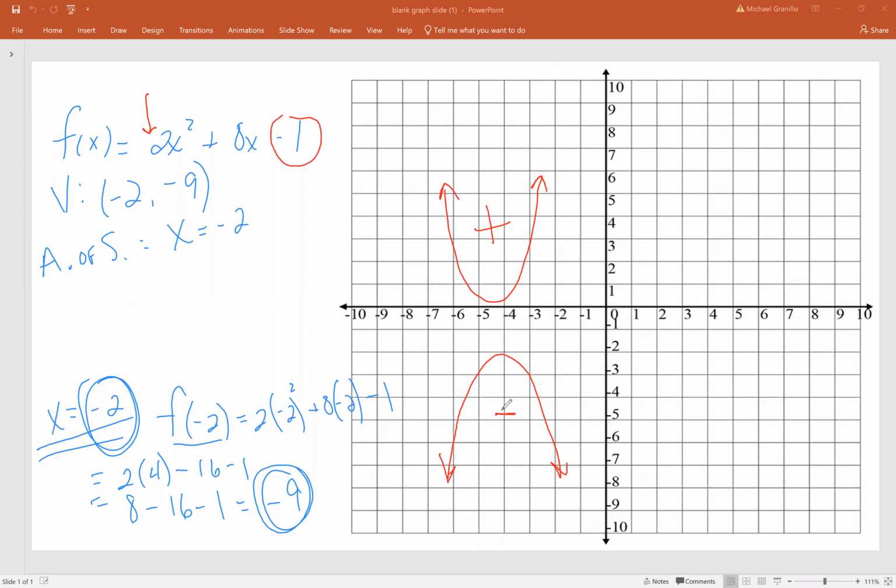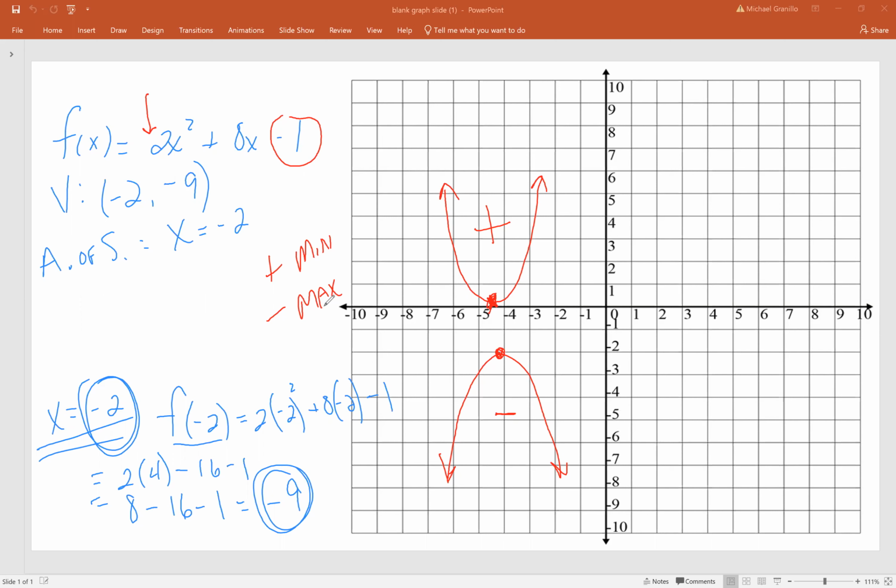If A is negative, we're going to flip it. So when A is positive and we get this graph here, then we're going to get a minimum value down here and we're going to get a maximum when it's here. So when A is positive, we're going to get a minimum. And when A is negative, we're going to get a maximum.